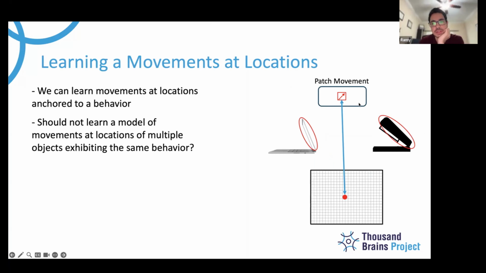The other side of this is learning movements at locations. What I want to discuss here is that we're getting patch movements, or now a feature change, and we're learning it at a location. But we're being anchored here to a behavior, and we want to anchor to this behavior regardless of the object that we're seeing. I think we agree that we probably don't want to anchor to a behavior and an object at the same time, because then we get into a combinatorial problem: every behavior has different objects, and then another behavior will have a different object.